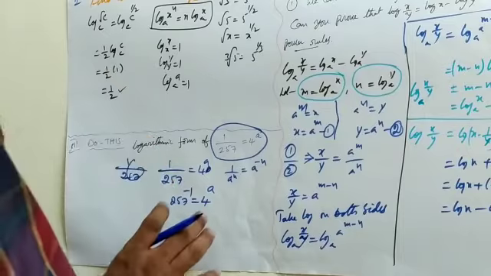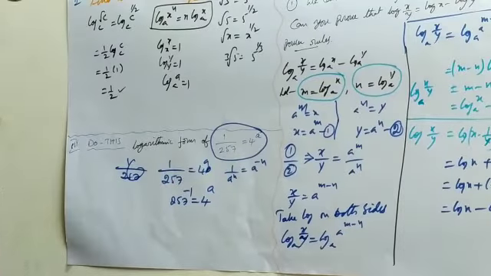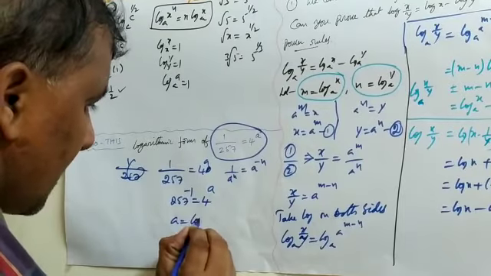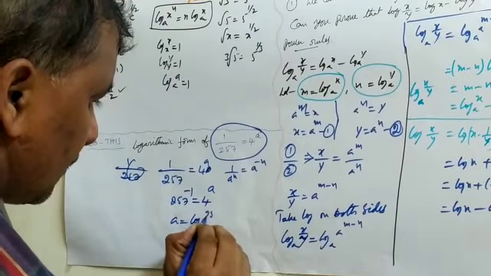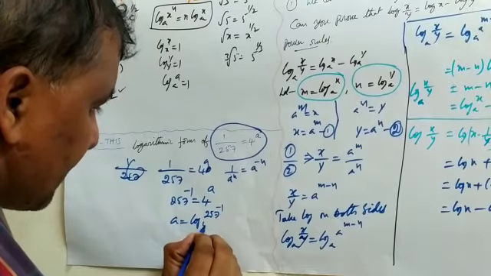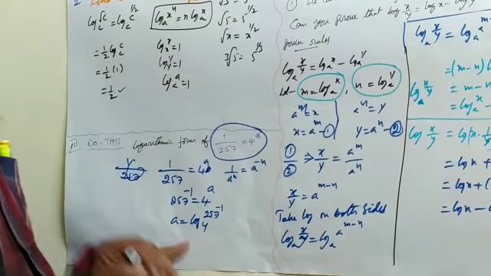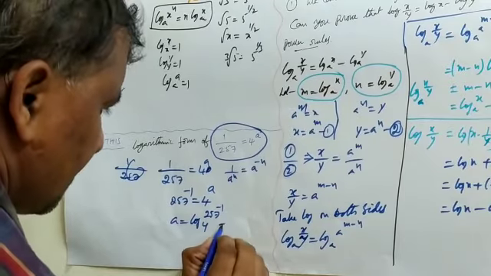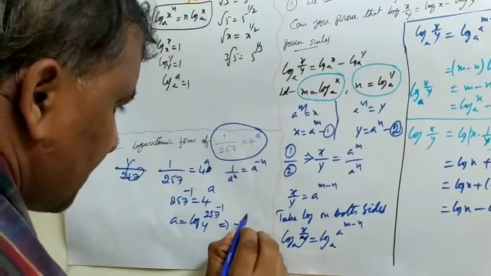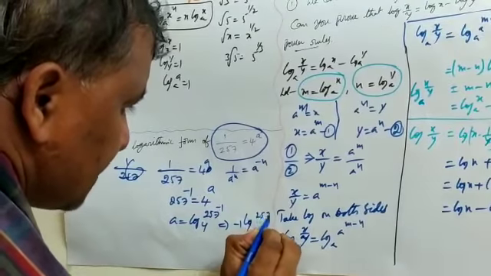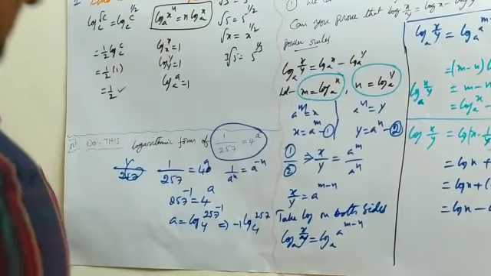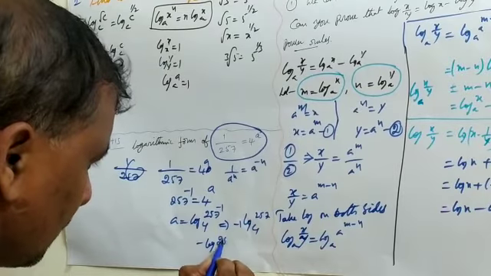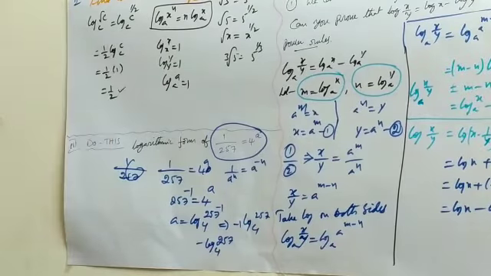Now change into logarithmic form. Therefore a is equal to log 257 power minus 1 base 4, that means minus 1 into log 257 base 4, or minus log 257 base 4.